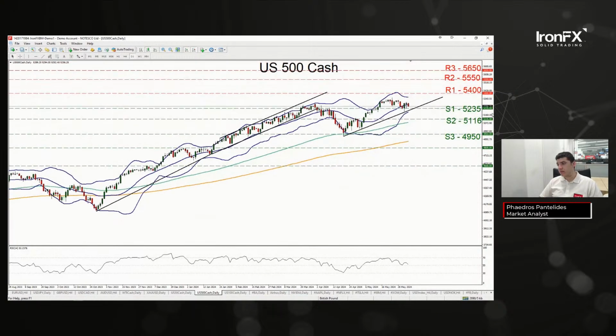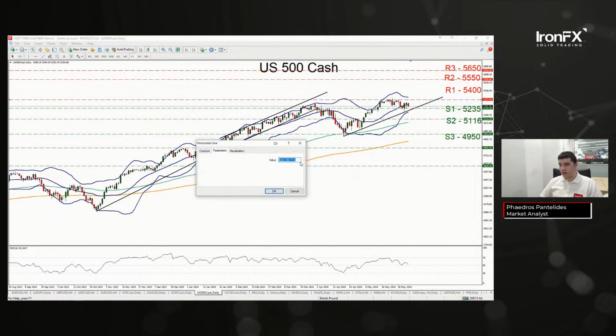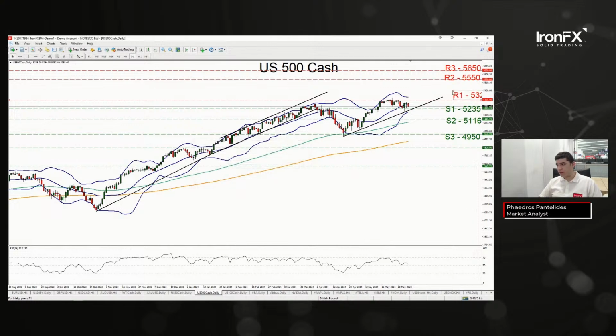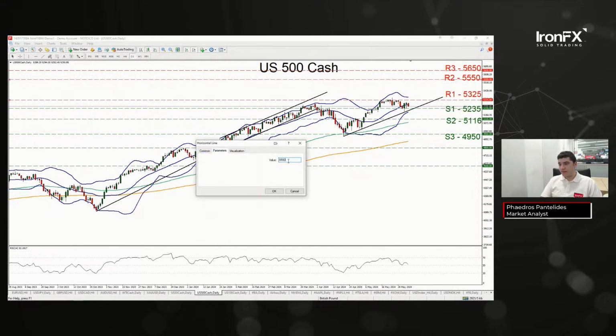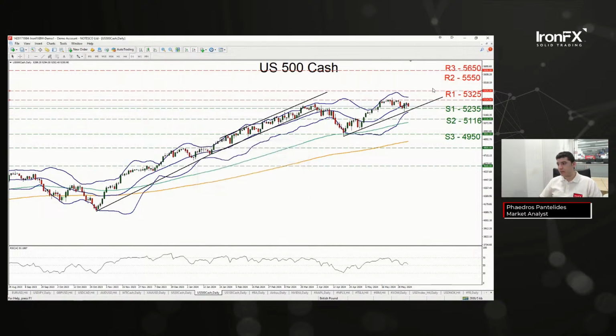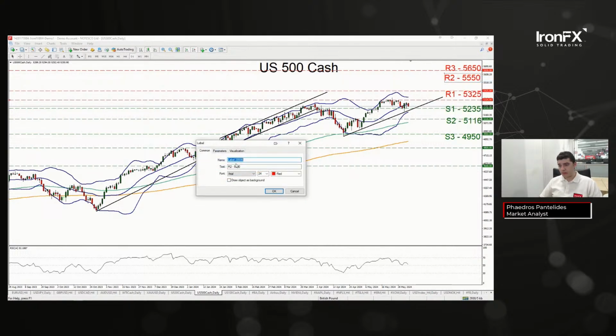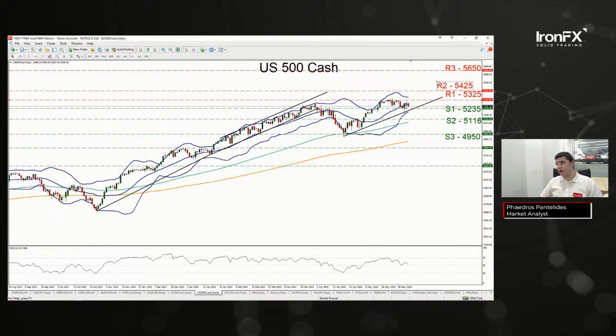R1 remains the same with R2. As a matter of fact, we could actually drop down R1 to 5,325. And then R2, 5,425. But then I would keep R3 at 5,500.